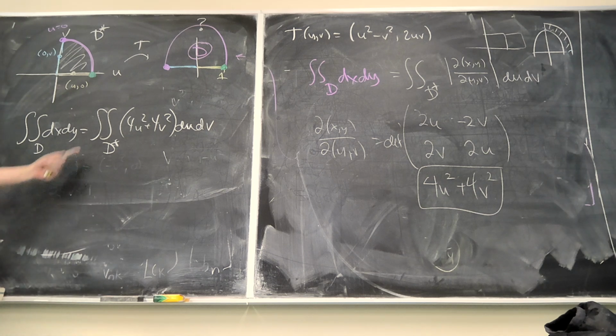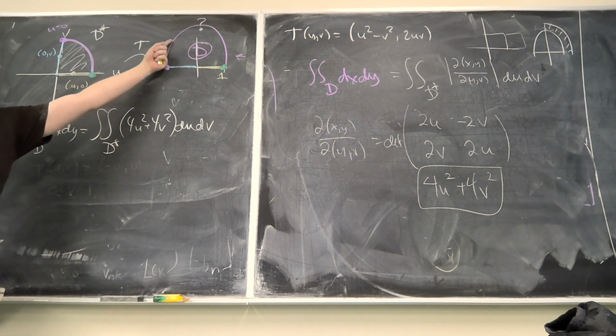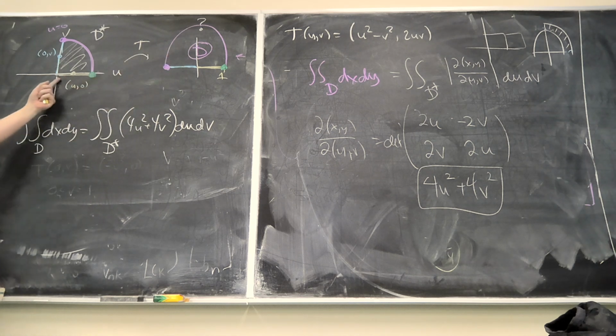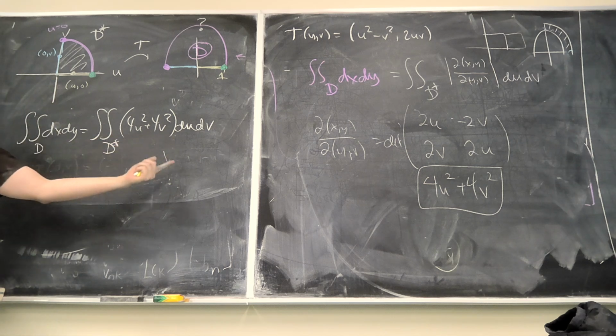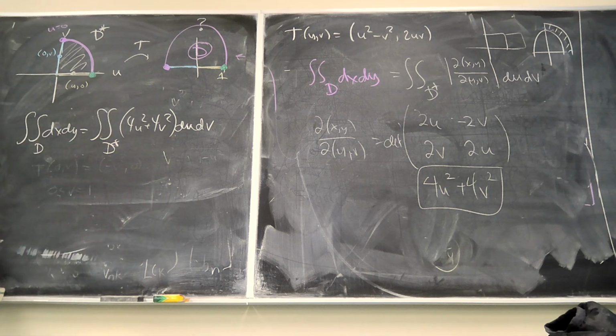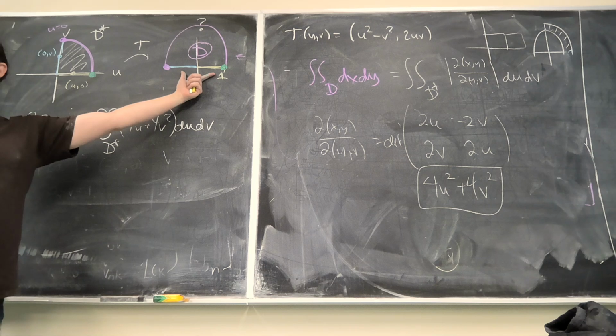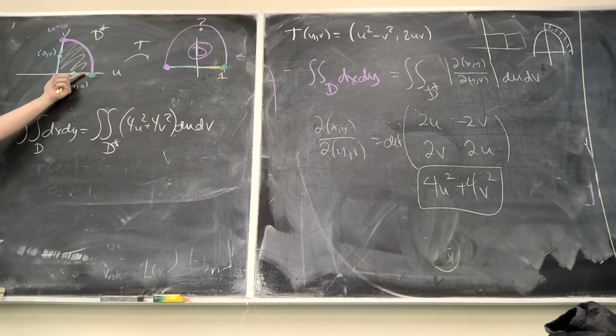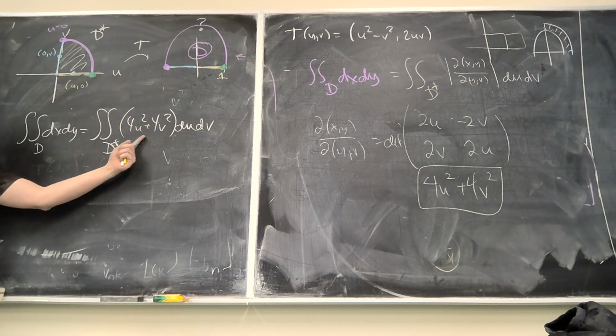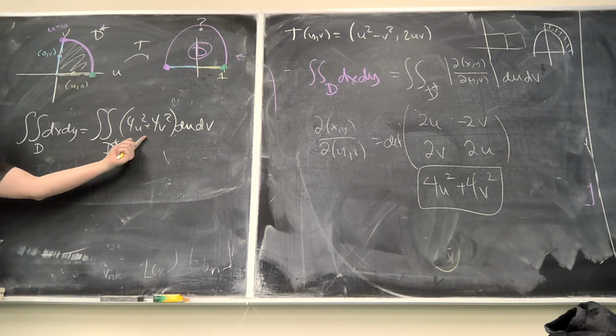Instead of integrating this god-awful mess, where you can't even write down a function for what this region is bounded by, you can pull it back and integrate over this quarter circle, and the function has a u squared plus v squared in it, so you could use polar coordinates if you wanted to. This is typical of the way the change of variables theorem gets used. Regions that are complex on one side of the transformation are nice on the other side, and as long as the Jacobian is not too complicated, the integral turns out to be doable.